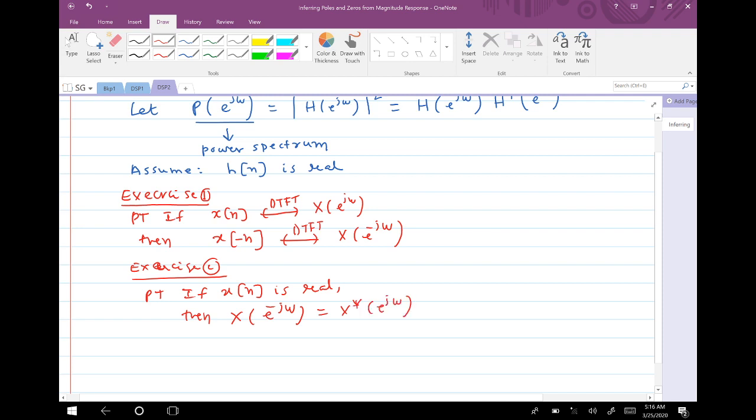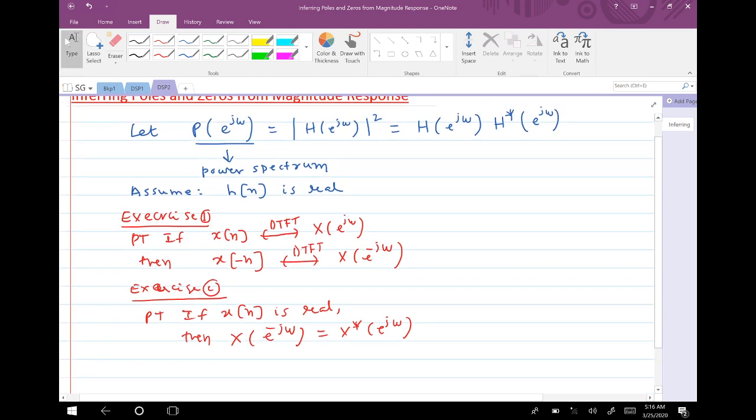Please do these two exercises for yourself. What the second one means is that the magnitude spectrum will be the same, and it's a complex conjugate; that's what happens for omega and minus omega. Anyway, I leave that part to you.